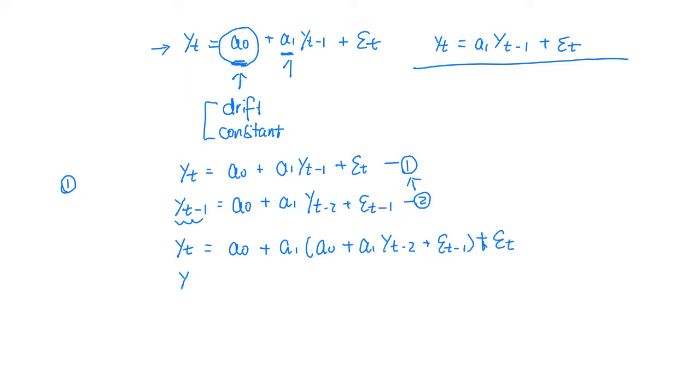Then for y_t, using the representation of y_{t-1}, this becomes my representation. What's the next step? The next step is to find the last random variable again.